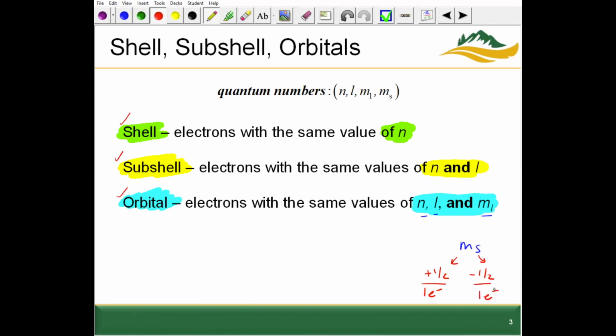So one electron here, a second electron here. With plus 1/2 for an m sub s value, that can only describe one electron, and minus 1/2 only one electron. So two electrons cannot have the same n, l, m sub l, and m sub s.